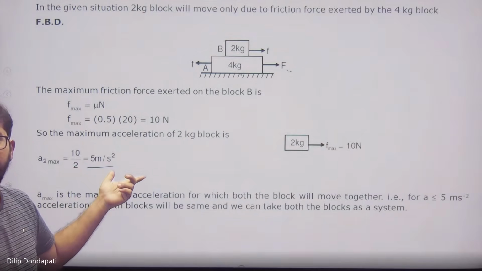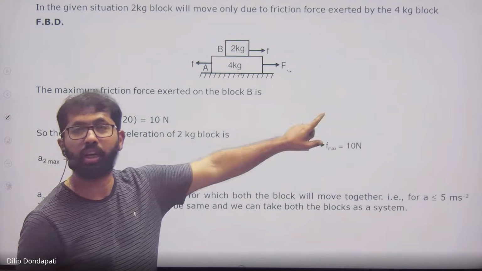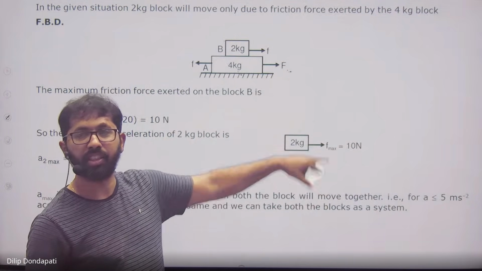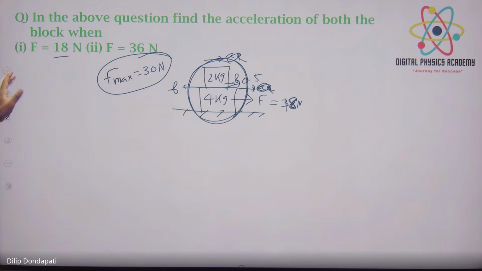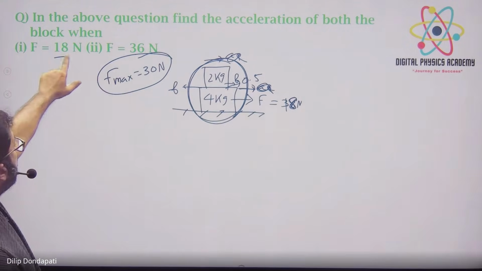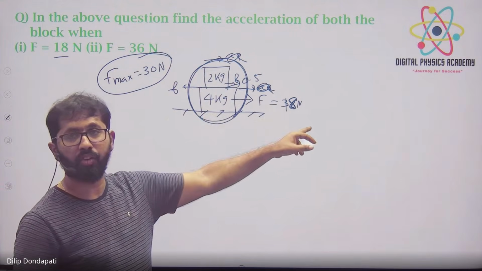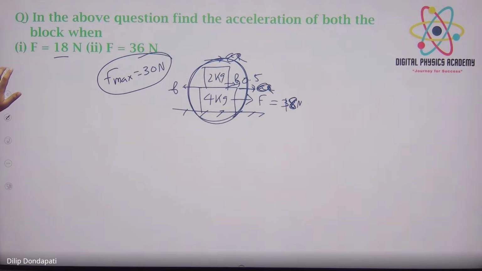That is why I use 5 in the second block as well to get F max. Now, since I already know the F max value and this force is less than that, both will move with the same acceleration, and we find net force by net mass. Now the second one, how much do you get, Krishna? Second answer.